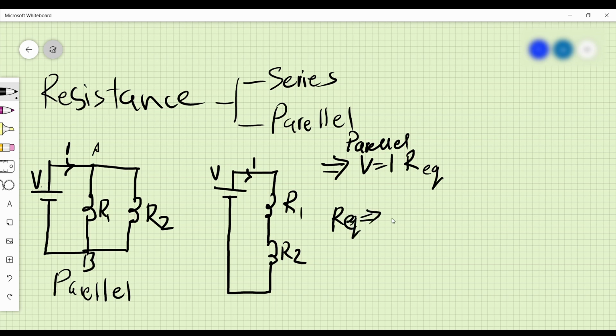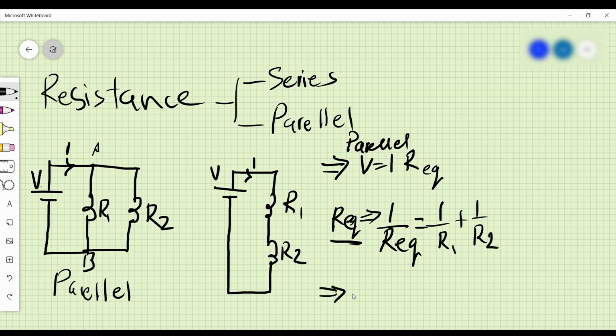To find that, there is a relation that you can remember: 1 upon R equivalent equals 1 upon R1 plus 1 upon R2. So that's the relation between R equivalent and R1 and R2.